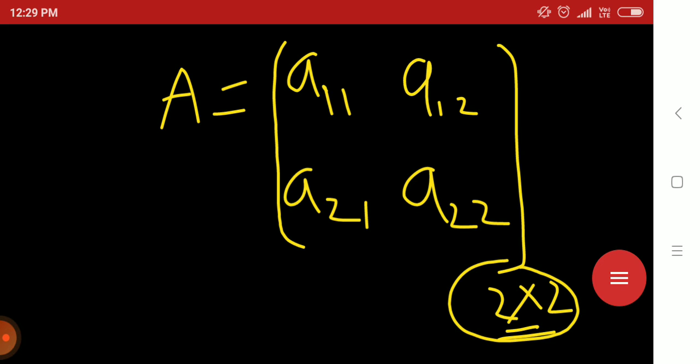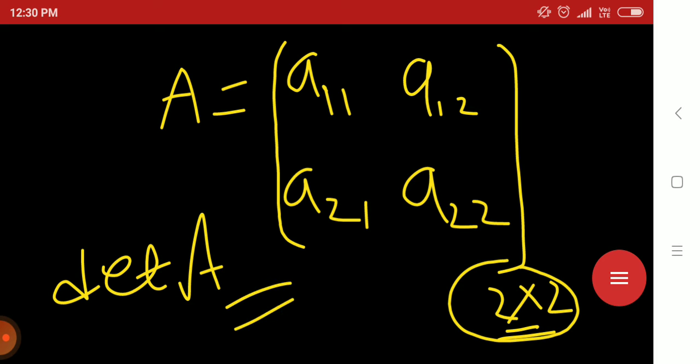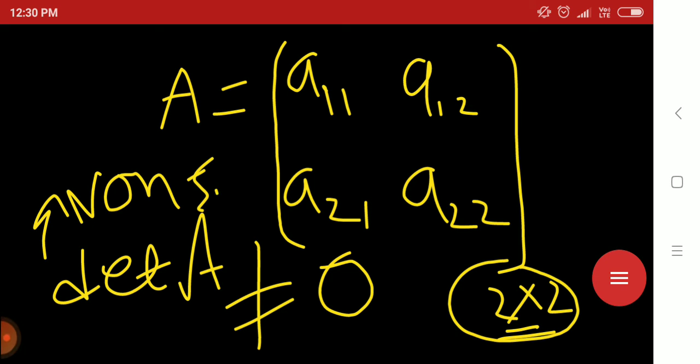So A equals A11, A12 and A21, A22. This matrix will be non-singular when determinant of A not equals 0, and singular means determinant of A equals 0.